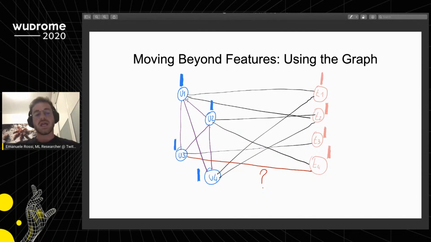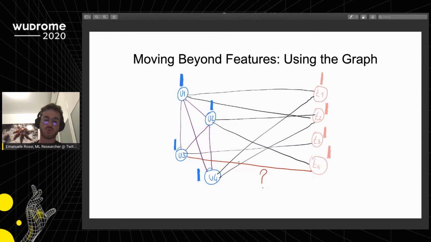So you could think that if a user follows another user, they are more likely to like the same type of content. And so this could inform me on which tweet one of them may like. And basically, I didn't mention it, but the task again would be this red edge here, which is asking: is there an interaction between user 3 and tweet 4?